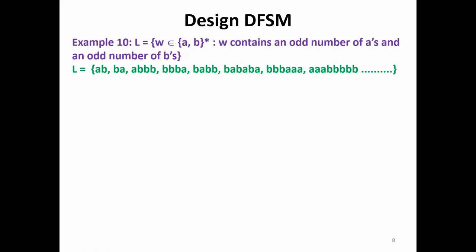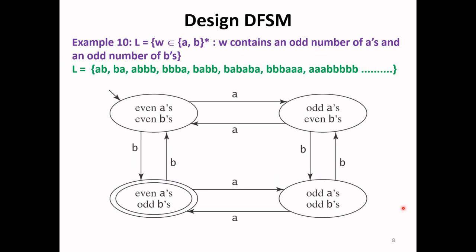And last, the same way, for odd number of A's and odd number of B's, same DFSM, but here all these three will be intermediate states, and this state will be the final state and the rest will all be intermediate states.